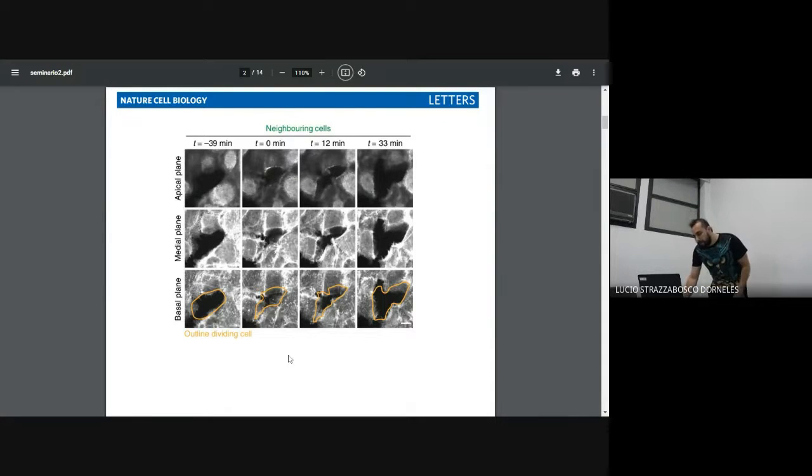And then we have here the surface area of the division over time. The division takes 33 minutes to end and form 2 cells.